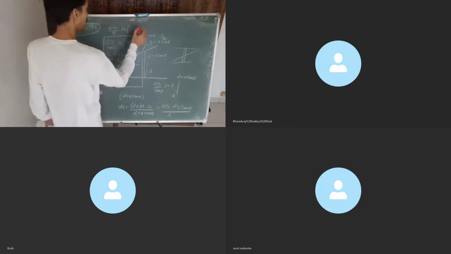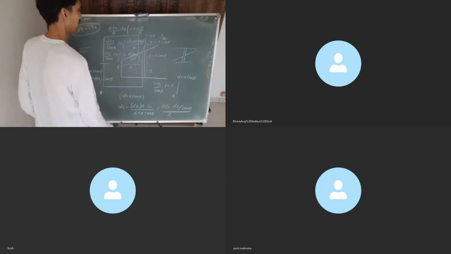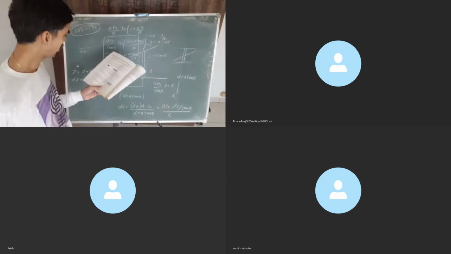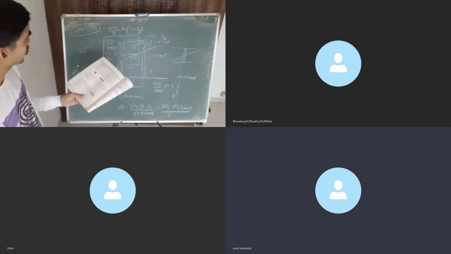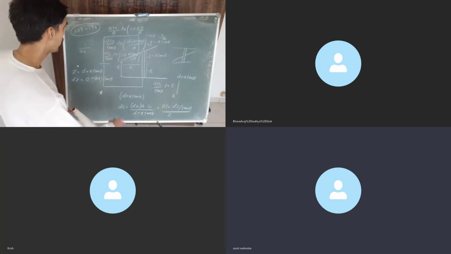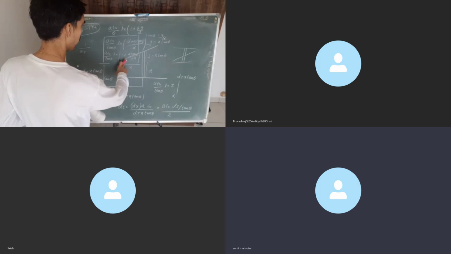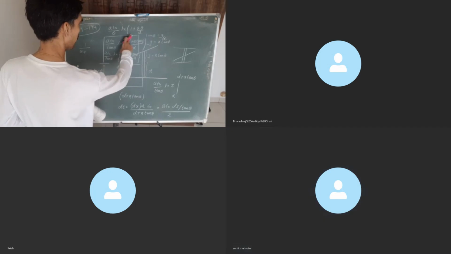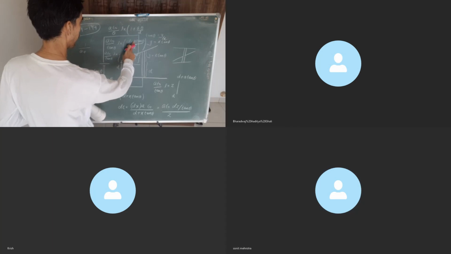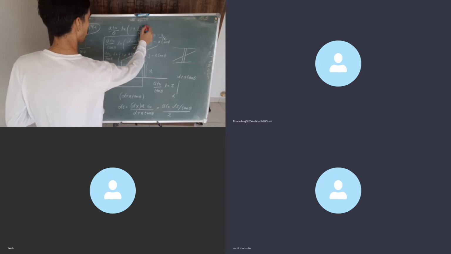So this will be squared then by 2. We're not getting this form. Why not, sir? It'll come. Then we'll take A square common outside. If you open ln 1 plus x, from the top one, we'll open it as x minus x squared by 2, where x is A theta by d.